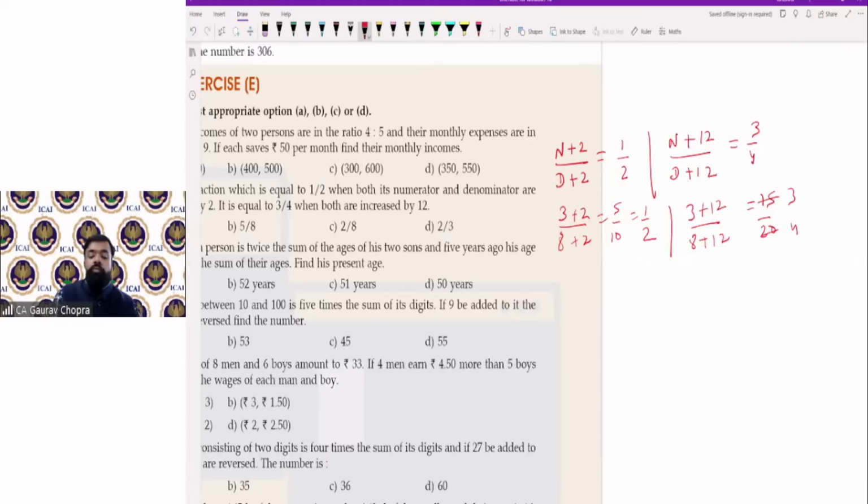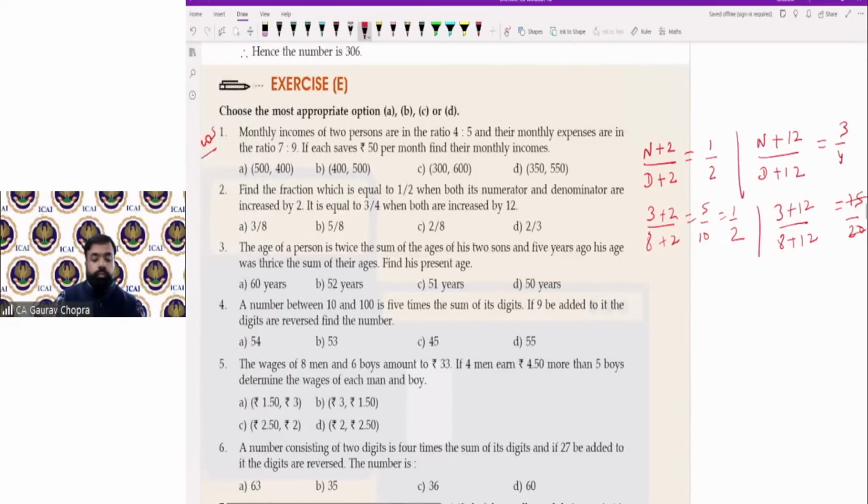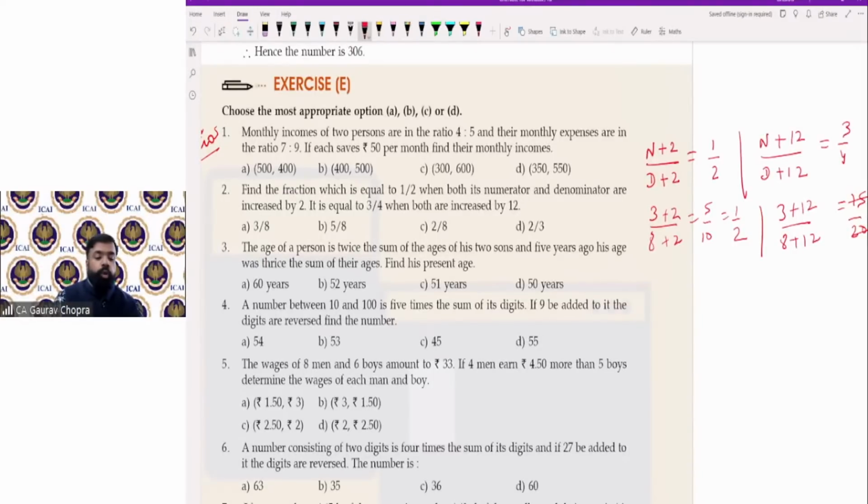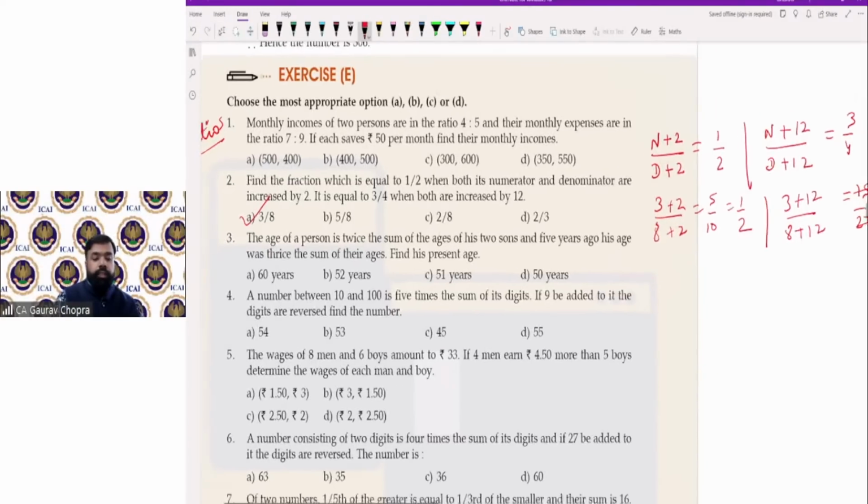It is 3/4. Second condition is also verified. Therefore, option A is correct.